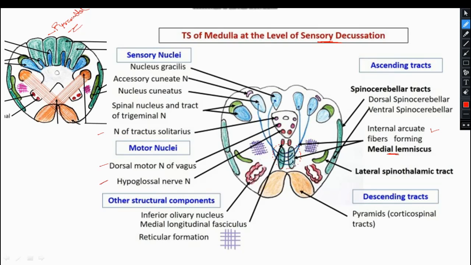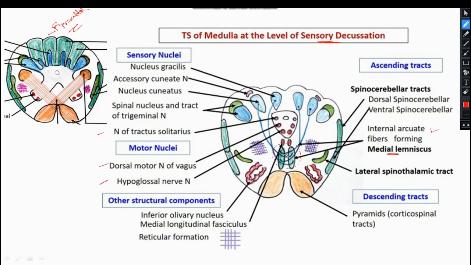Clear? The internal arcuate fibers of the nucleus gracilis are more anterior compared to the fibers of the nucleus cuneatus. You can see clearly the position of these fibers.